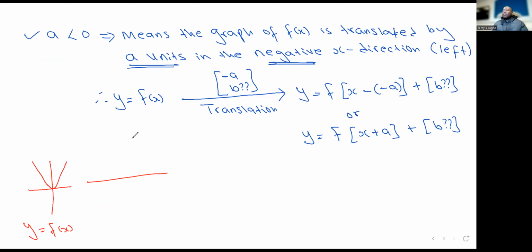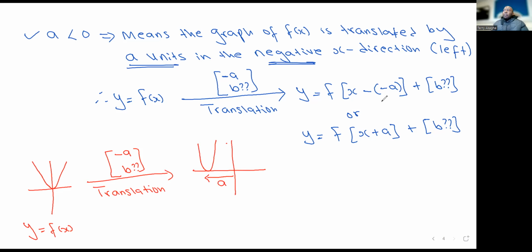Now the graph is undergoing a translation of minus a. Now the b, I've not talked about the b yet. I'll talk about the b soon. Now it's undergoing a translation. Okay. Now, when it's undergoing a translation, what will happen is that it's going to move from here to the left. Are you seeing it? So it's going to move to the left by a.